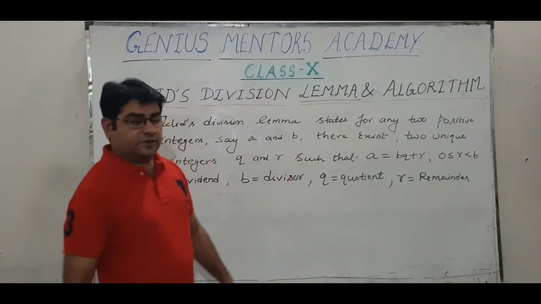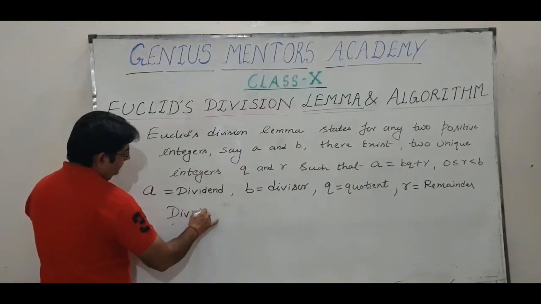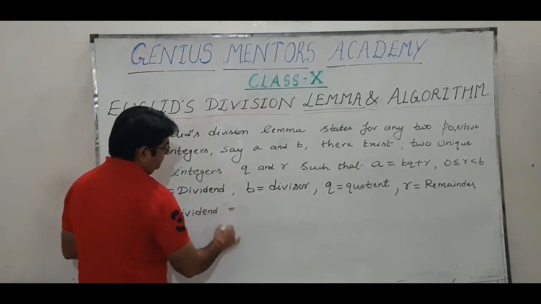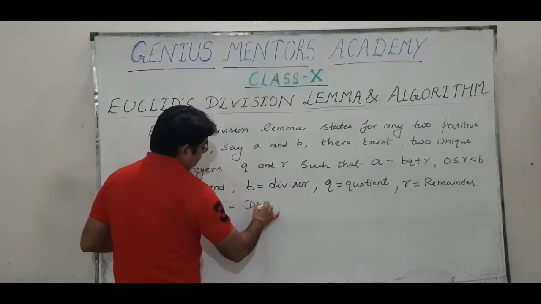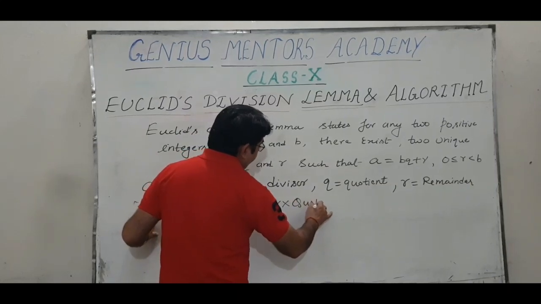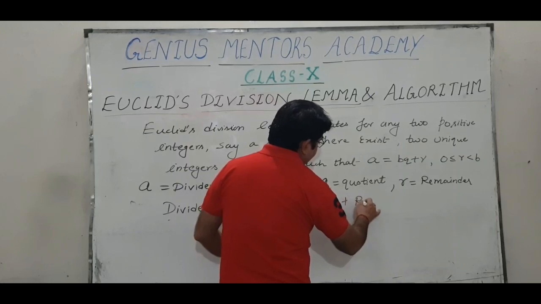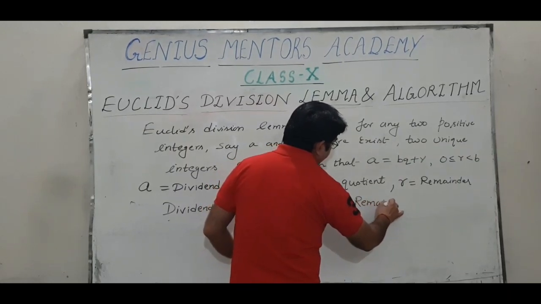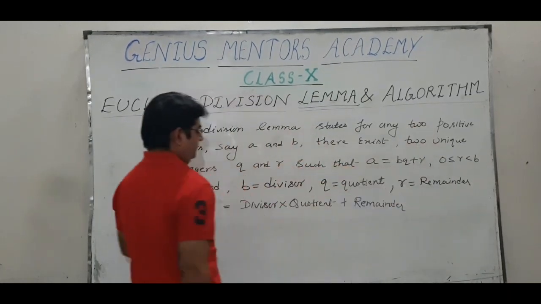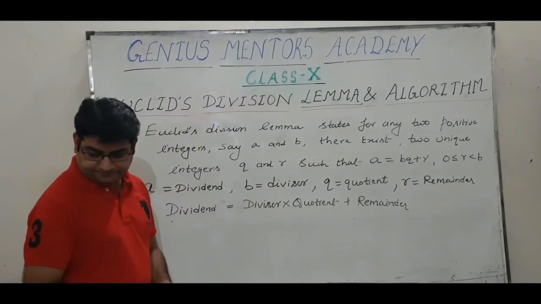So we can also write dividend is equal to divisor into quotient plus remainder. Okay, now let's take an example.